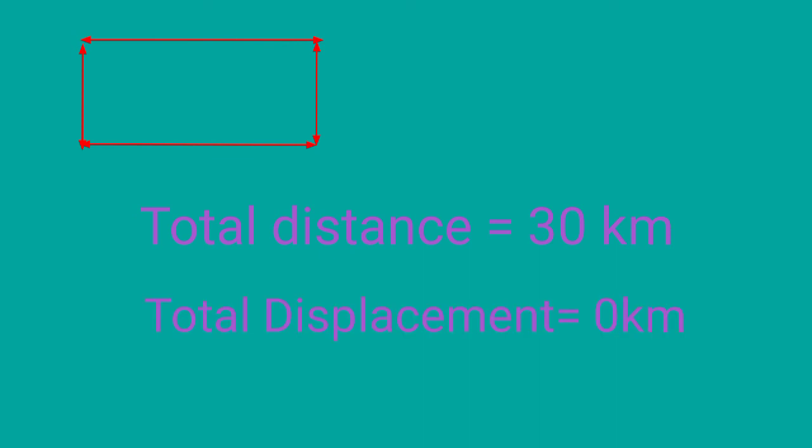The displacement of the object is 0, because displacement is the minimum distance between the starting point and the end point. So here what happened? The object reaches its original position. Due to this, the displacement is 0 and the velocity of the object is also 0 kilometer per hour, because there is no displacement.